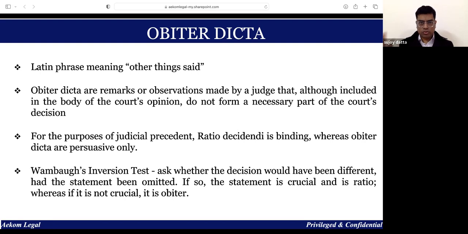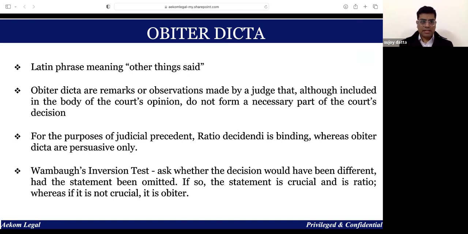Since this second remark was not the chief question in controversy before the court, it can't really be said that this is a position of law decided by the court in that judgment. That will not be the ratio, that will merely be an obiter, since it did not answer the specific question put before the court.